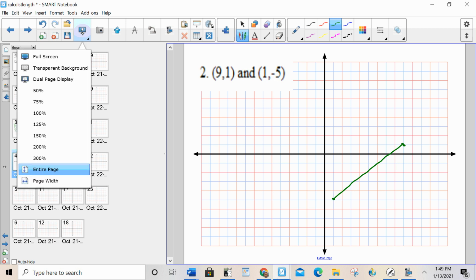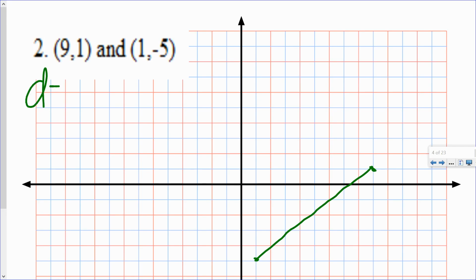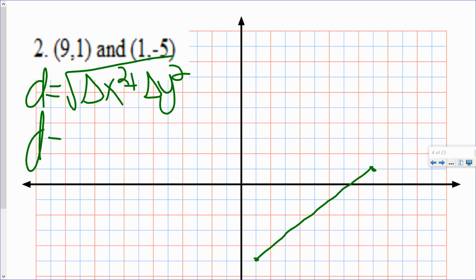I want the distance between these 2 points, so d equals radical delta x squared plus delta y squared. 1, 2, 3, 4, 5, 6, 7, 8. Delta x is 8, so I'm going to write 8 squared. Delta y is 1, 2, 3, 4, 5, 6. 6 squared.